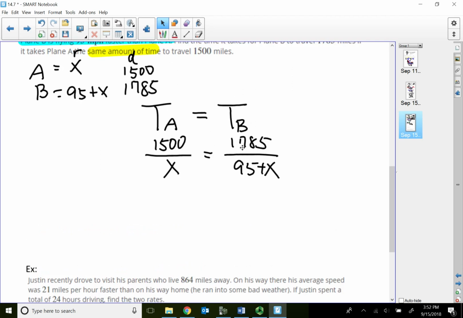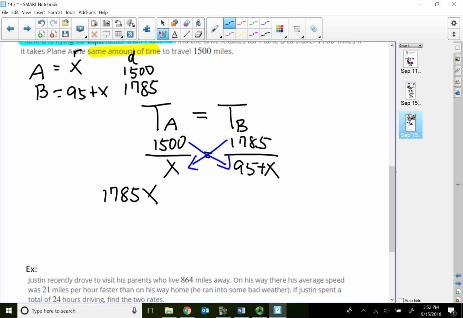Now, I see two fractions equal to each other, so I'm going to use cross product to solve this. 1785 times x, 1785x, set equal to 1500 times 95 plus x in the parentheses. Eventually, the 1500 will be multiplied by the 95 and the x. So we can go ahead and do that, which saves us one extra step.